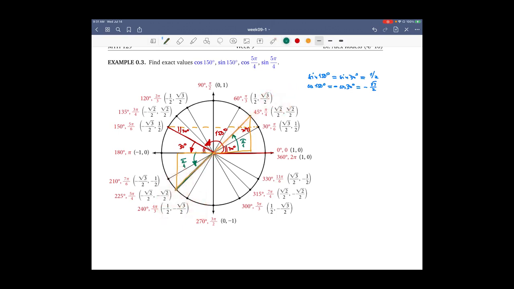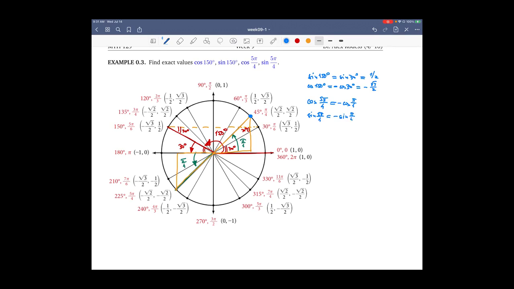So therefore, cosine of 5 pi over 4 equals negative cosine of pi over 4. And sine of 5 pi over 4 equals negative sine of pi over 4.